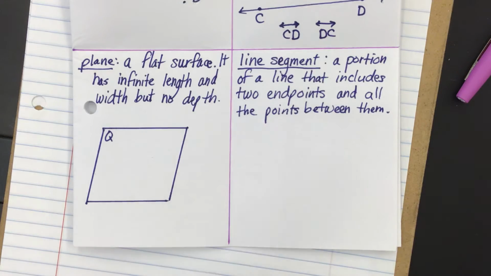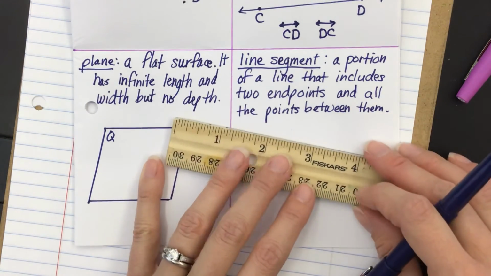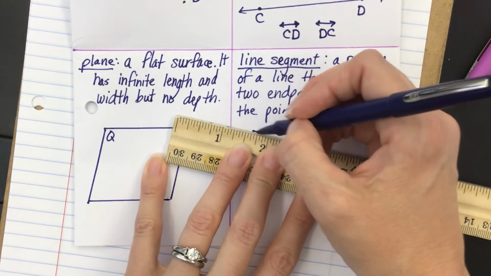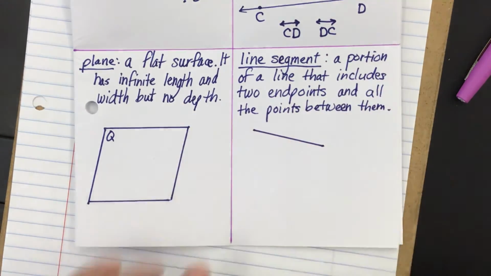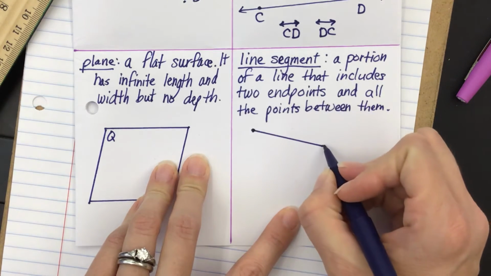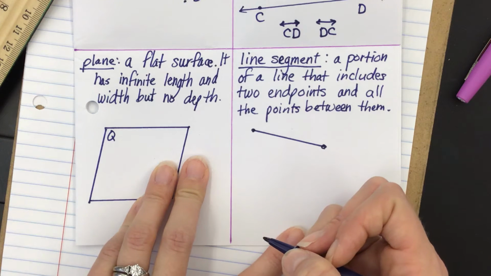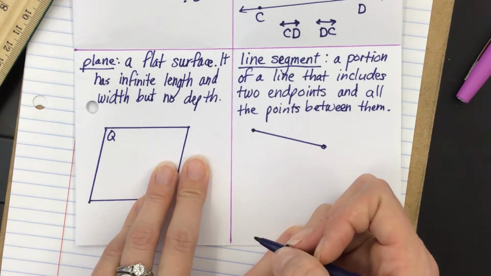And when we draw a line segment, we don't put arrows because it doesn't go on infinitely like a line does. But we do put endpoints. So here's an endpoint, and here's an endpoint. And we're going to give those endpoints names.